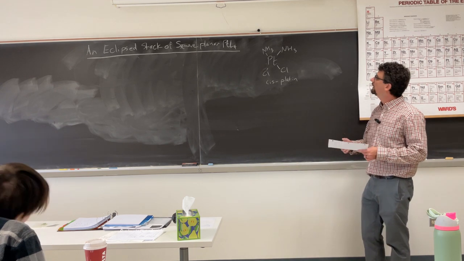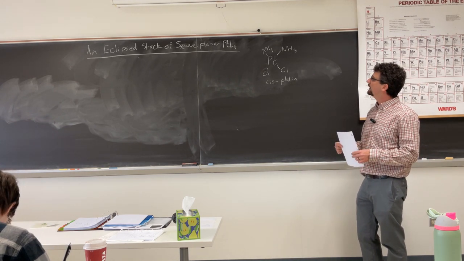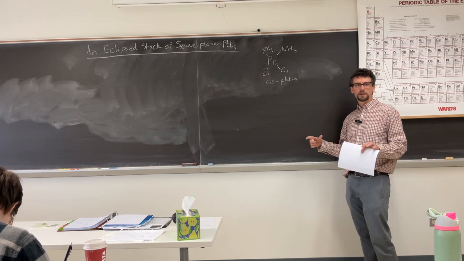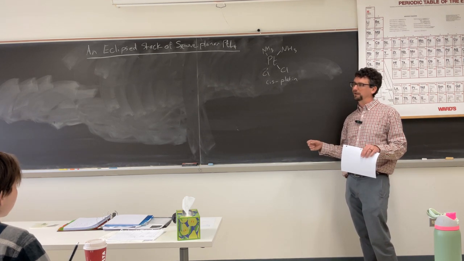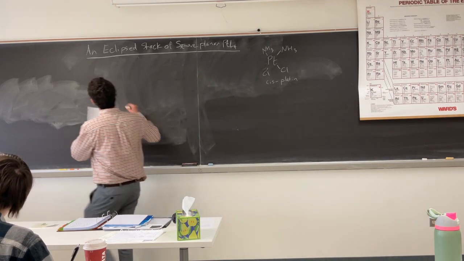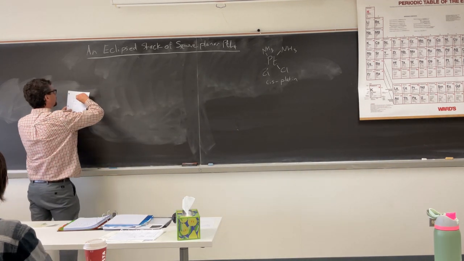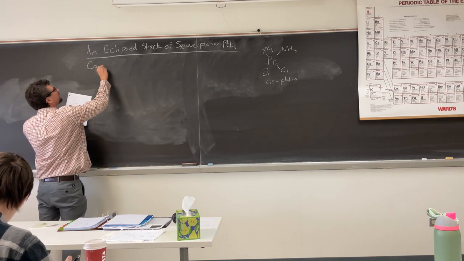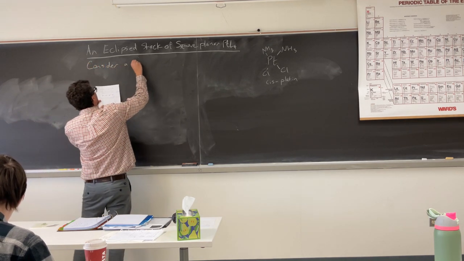That's an example of a square planar complex. So when I say square planar, how many dimensions am I really talking about in that case? 2. So what we're going to do, another one, is we're going to consider a system.